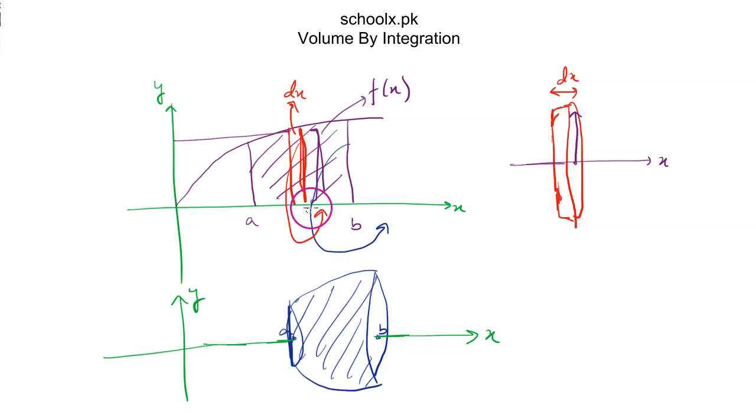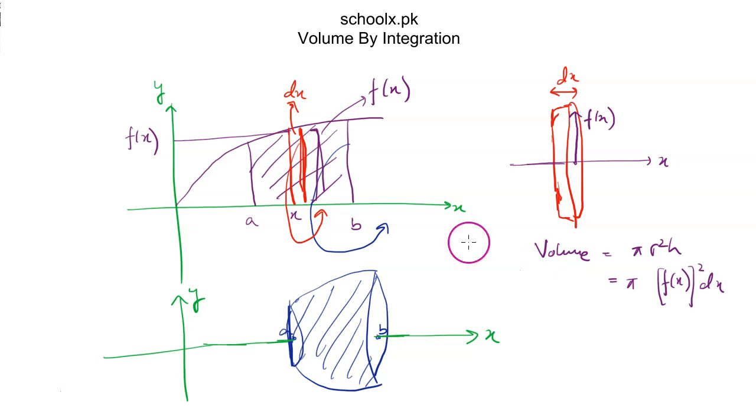Let's take this as x. So our radius will be f of x. Now the volume of a cylinder is pi r squared h. Now in this case r is what? f of x squared, h is dx. Now let's say I have numerous cylinders between A and B.